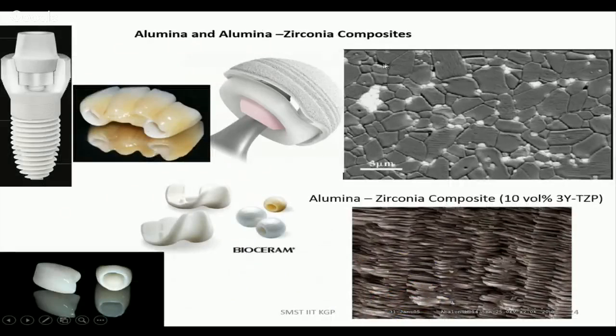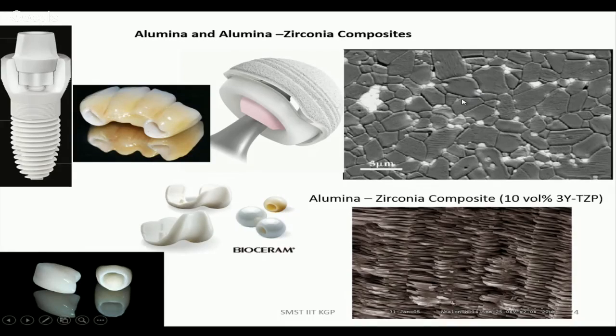So now if you look at the microstructure here, if this zirconia grain changes from tetragonal to monoclinic, there is a volume expansion. But what is the space for expansion?